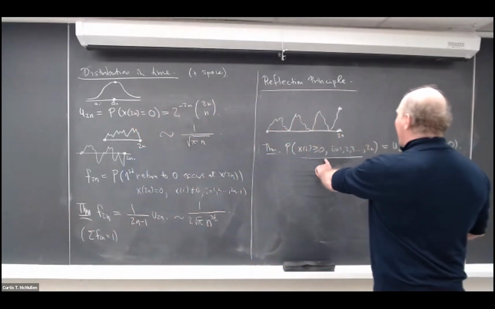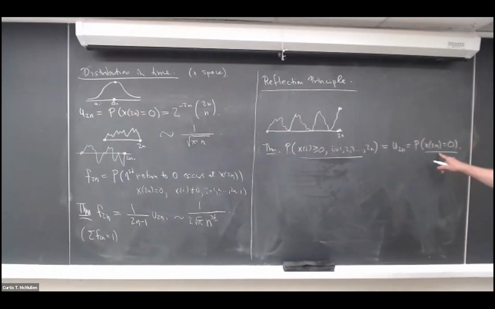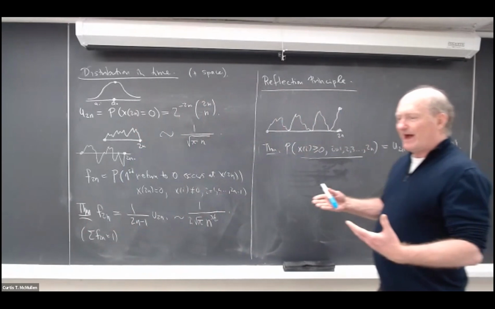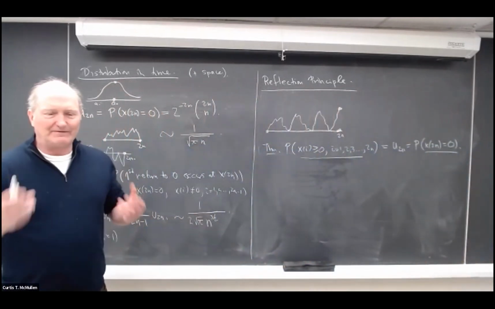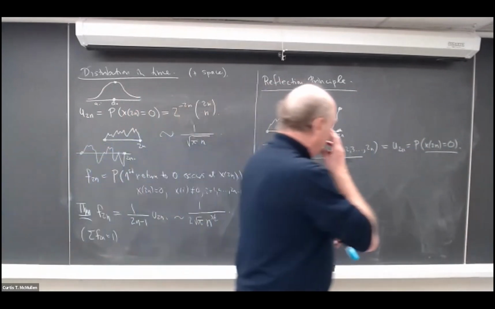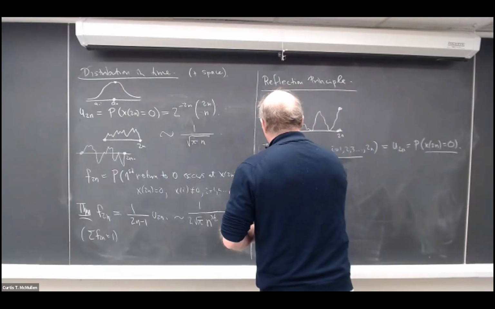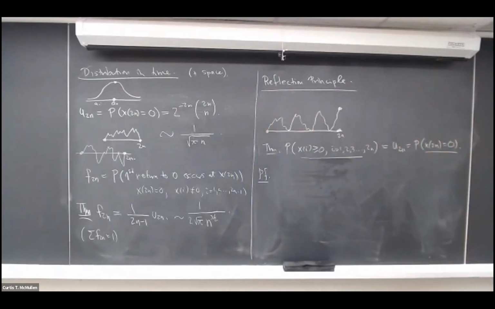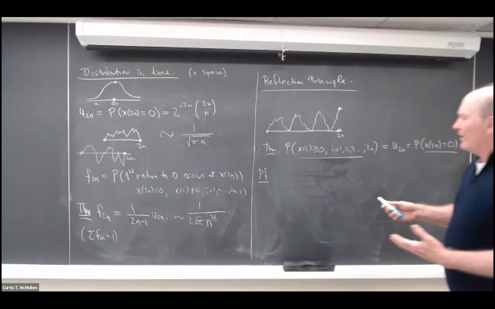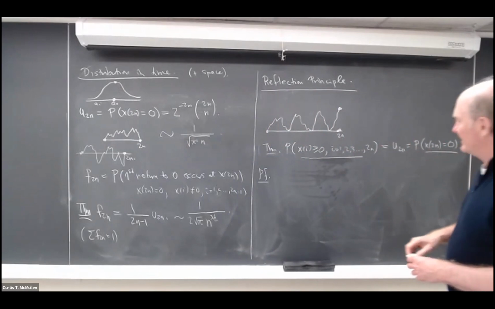So if you can match paths that are non-negative with paths that return to 0, then you have a conceptual proof that these two probabilities are the same, and you don't have to do anything with binomial coefficients. It's the search for those conceptual proofs that's facilitated by these reflection arguments. It's called the reflection principle, although I'm not quite sure how to say exactly what the principle is. Let's just see it in action.